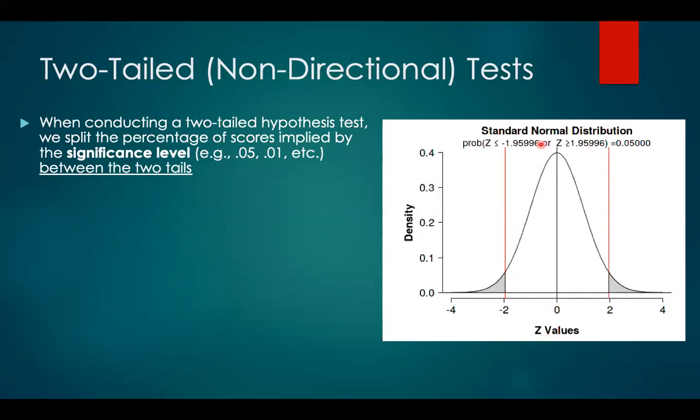And the z cutoff here is negative 1.96 or positive 1.96 that we're isolating for a two-tailed test. So we're not isolating 5% on both sides. We're isolating 2.5% when we're using that significance level of 0.05 with a two-tailed test.